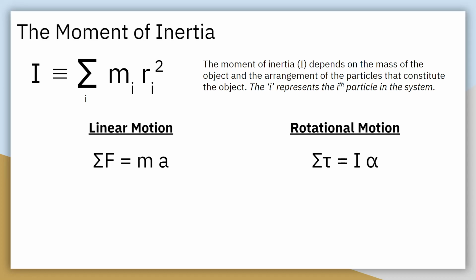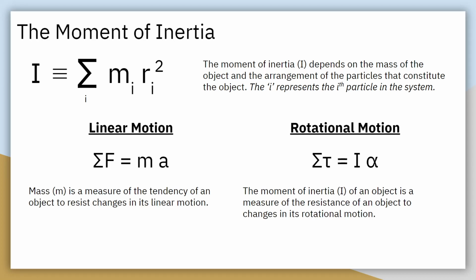Now, when we're focusing on the mass in linear motion, what we really are focusing on is it as a measure of the tendency of an object to resist changes in its linear motion. This is why a lot of times we refer to the mass in this equation as our inertial mass.